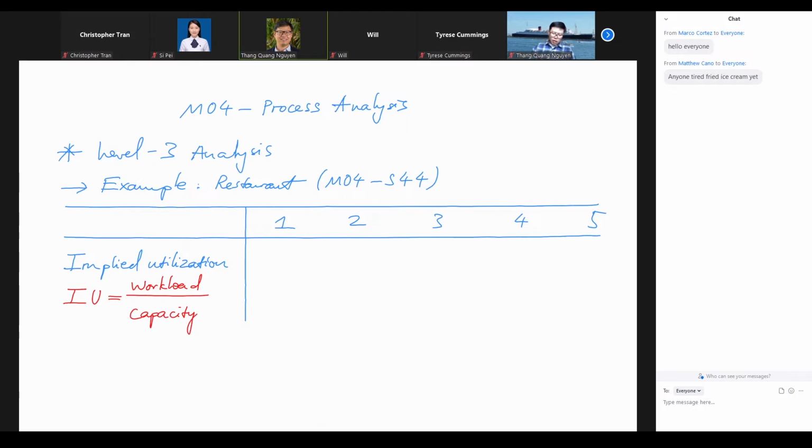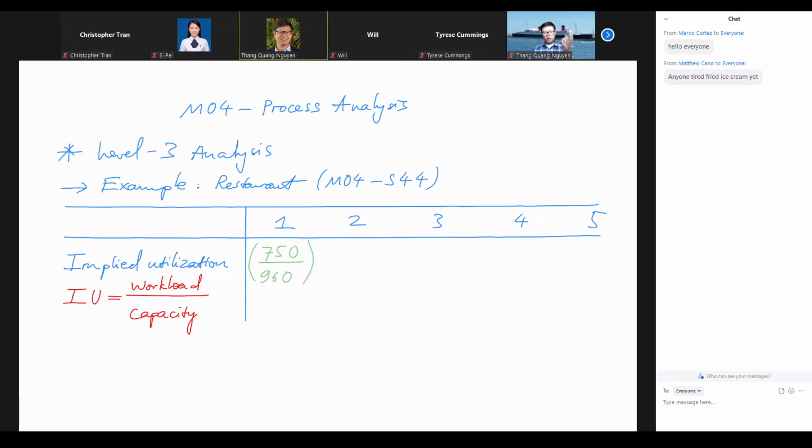All right, so we already calculated the workload, right? So I'm going back to what we got last time and just copying the values here. At station number 1, the required workload is 750 minutes per day. And then we divide that by the 960 minutes capacity per day, right?